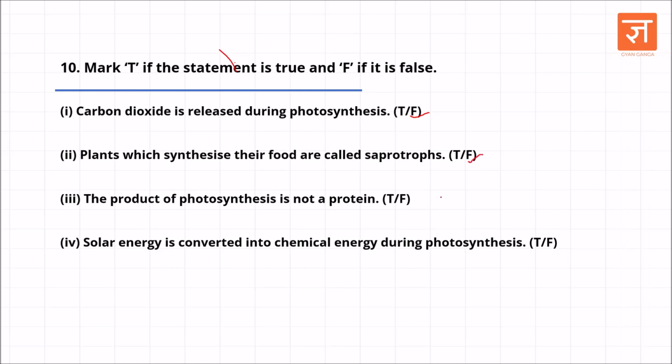The product of photosynthesis is not a protein. True. It is carbohydrate. The solar energy is converted into chemical energy during photosynthesis. Is it true? No. False.